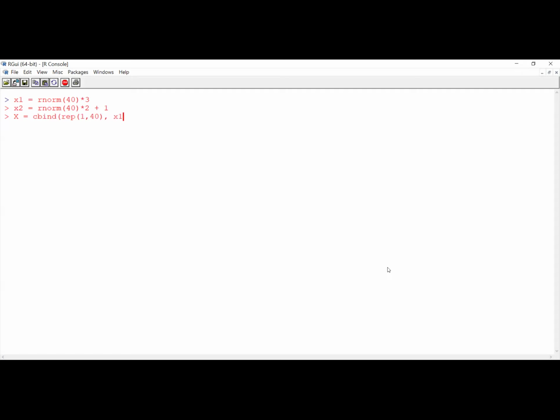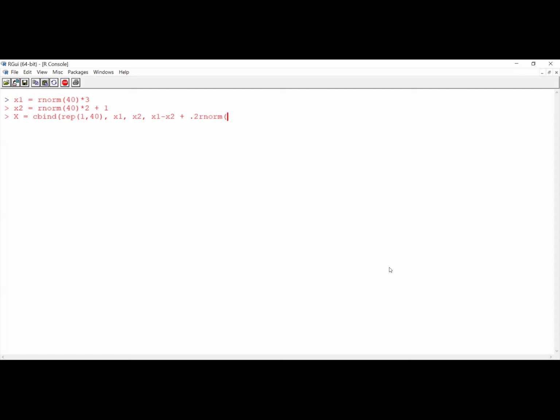I'll put X1 here, X2 here, and let's put something that's sort of related to X1 and X2, but with a little bit of noise. So we could do something like X1 minus X2, and maybe add a little constant here, or maybe add a little bit of another normal. So I'm going to do 0.2 rnorm.